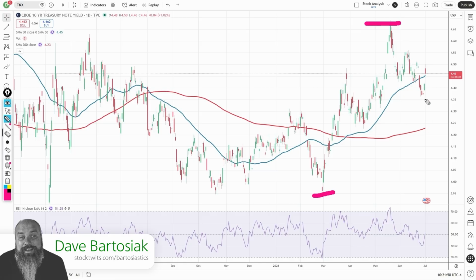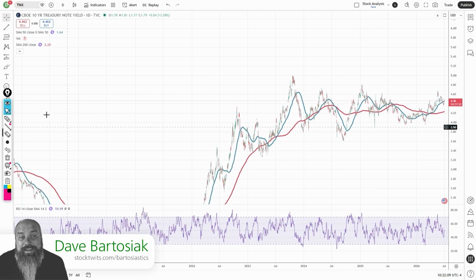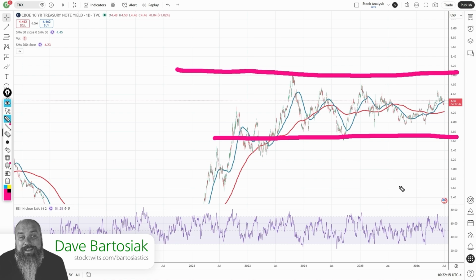Okay. So now we have a situation where, yes, rates have been coming down and gold was under a little bit of pressure. But when you look at the grand scheme on the 10-year, if you zoom out the picture, we've sort of been stuck in this range from the high threes to just under 5 since mid 2023.